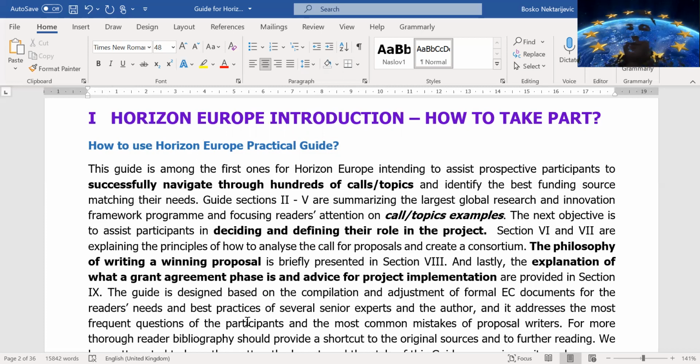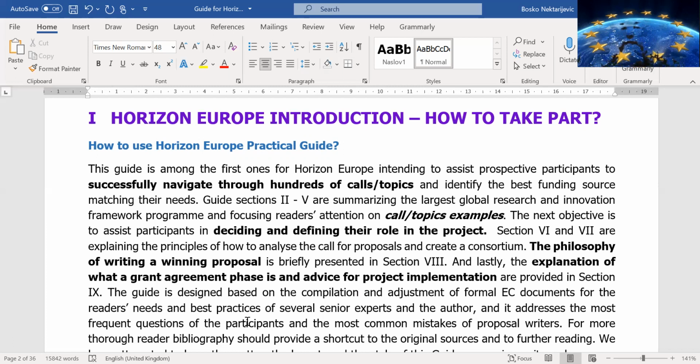Sections 2 up to 6 actually are summarizing the largest global research and innovation framework program, and focus is actually to steer the reader's attention on calls and topic examples.